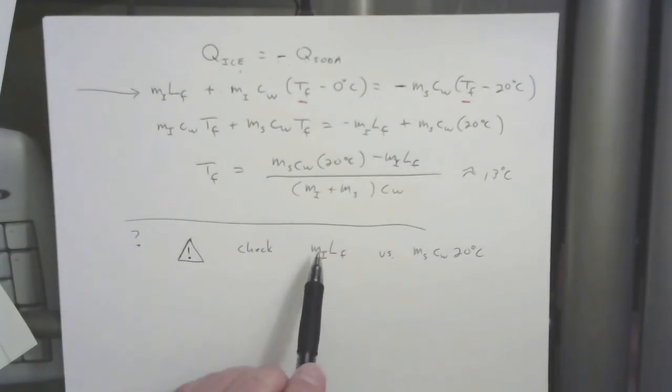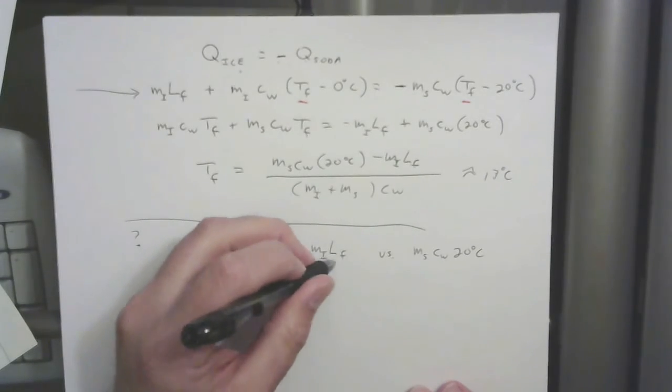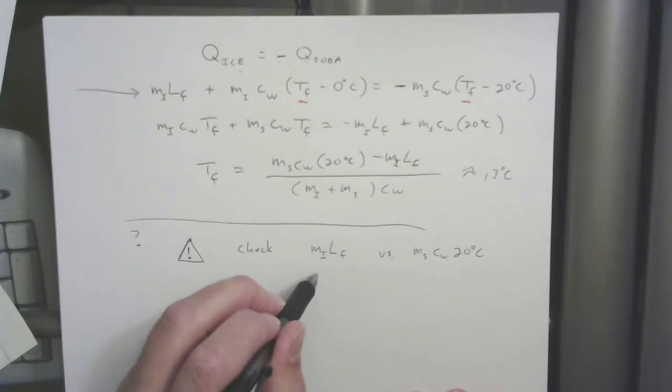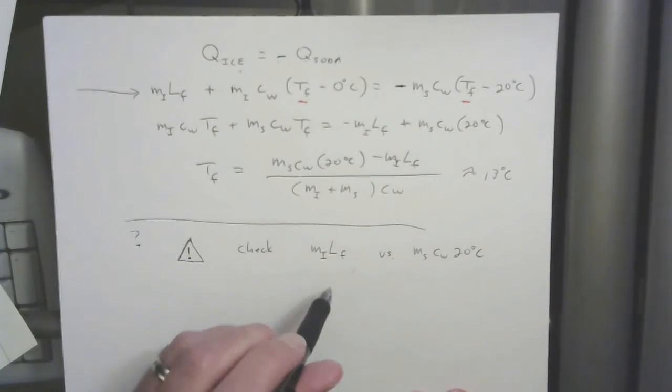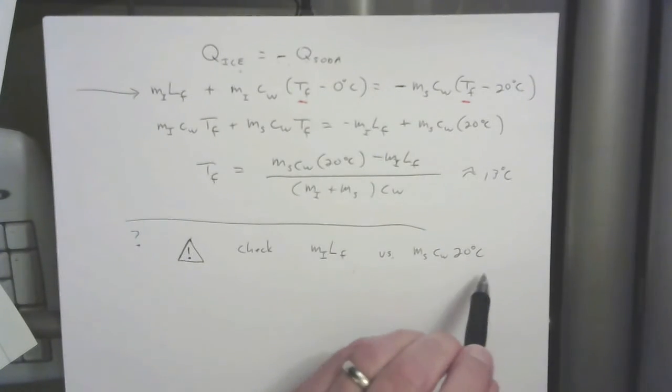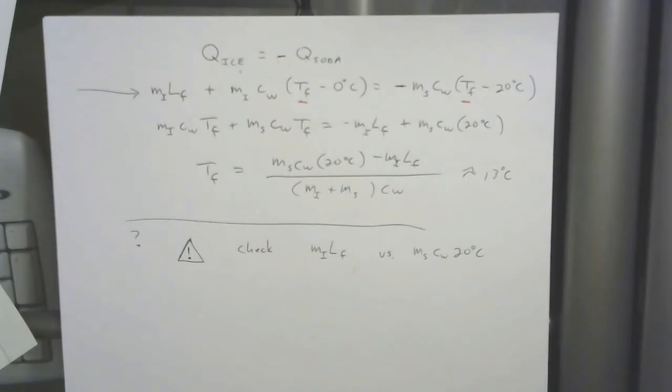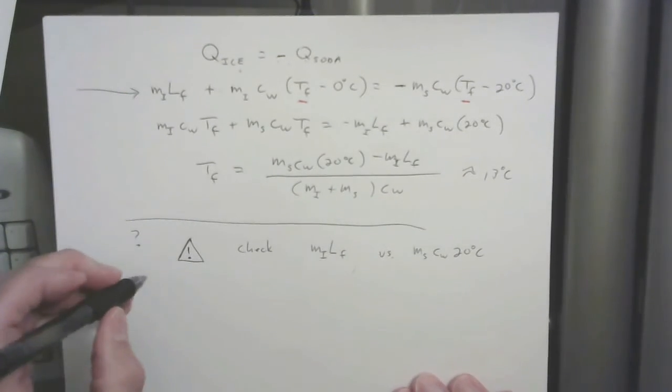And so if this ends up greater, so if the fusion amount of energy you need to make solid to liquid is greater than this temperature drop of 20, then in fact the ice didn't melt. And so you're going to be stuck at 0 Celsius, and you're going to have a mixture of ice and water, ice and soda at the end. So this is in general what you should do.